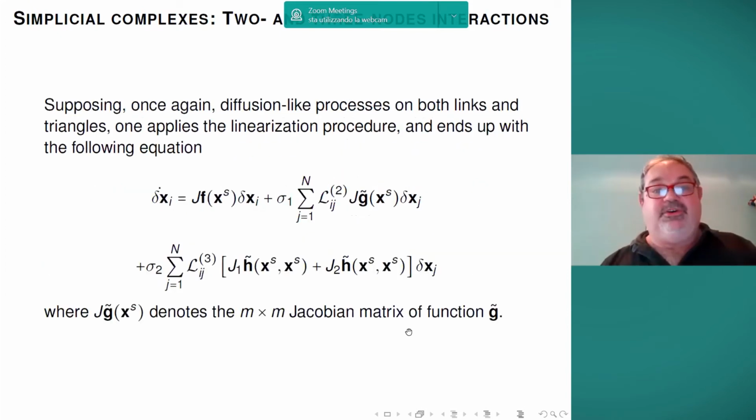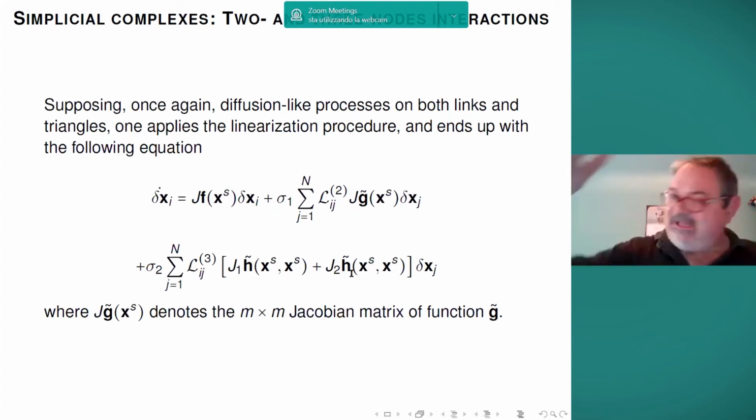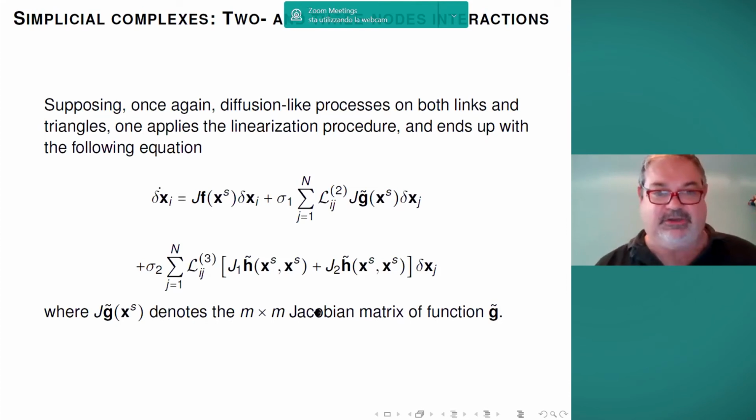Here what you do, you write delta xi, and then you will have here the Laplacian L2 times jg plus the Laplacian L3 times j1, j2, like we just have shown.